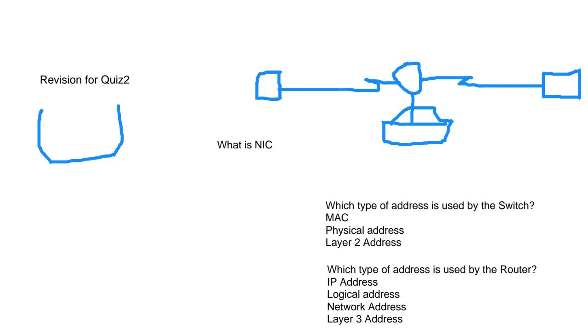TCP is reliable. It is connection oriented. UDP is faster, but it is connectionless and it is not reliable. Give me an example of an application that uses TCP. Email. Give me an application that uses UDP. VoIP, IP telephony. They use UDP. Please go over the PowerPoints.